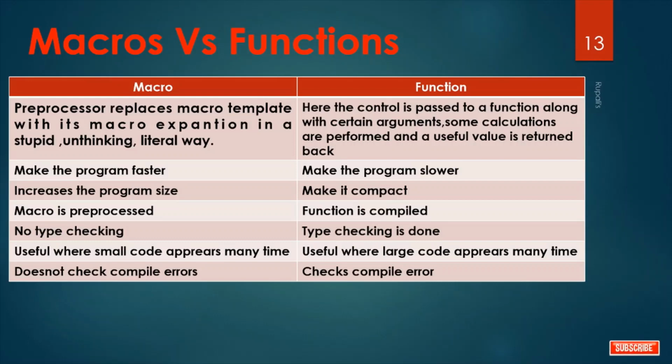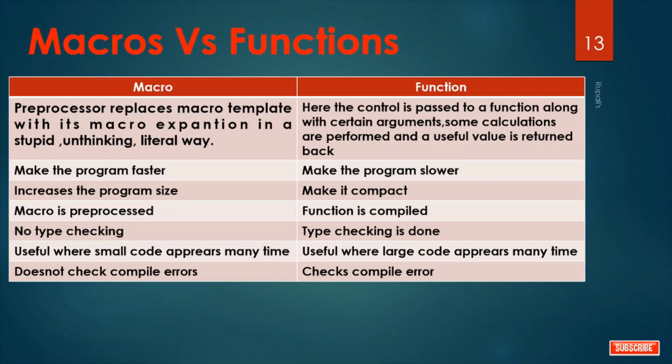Macros make the program faster, as there is no need to pass the control, so no extra time is consumed. But functions make the program slower, because you need to pass the control to the function, some calculation is done there, then again it is required to return the control. So this process is more time consuming.